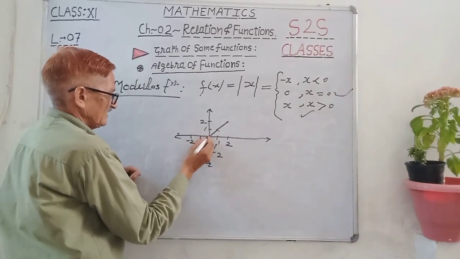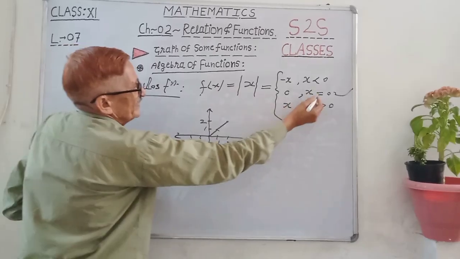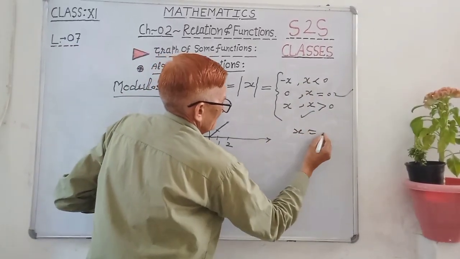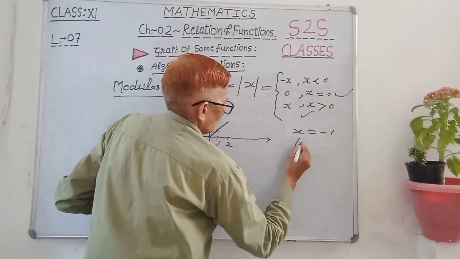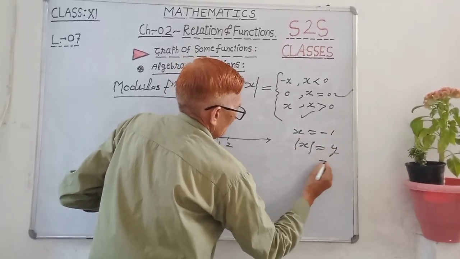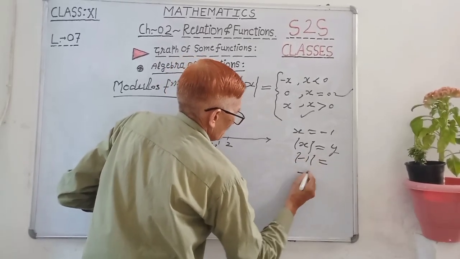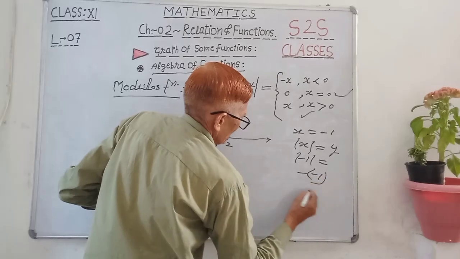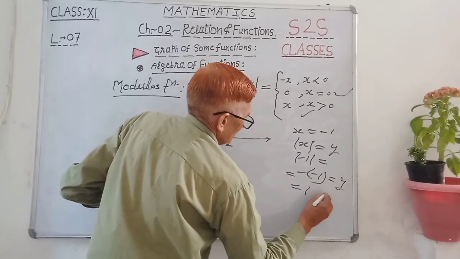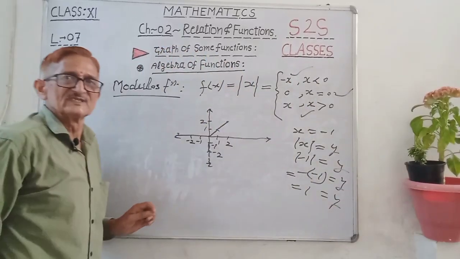So if negative, if x is minus 1, then y equal to modulus of minus 1 is equal to minus of minus 1 is equal to 1. Okay? According to the definition, multiply with negative.